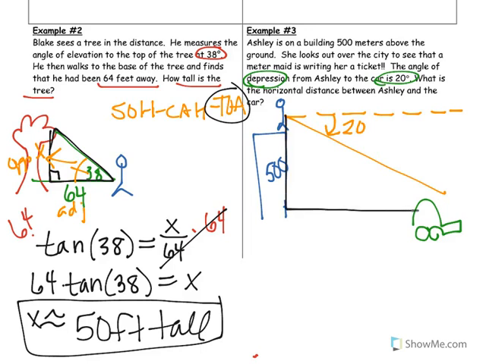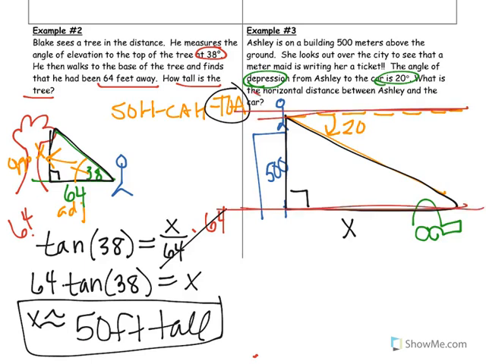So she's looking at her car, and it says the angle of depression to the car is 20 degrees. So she's looking down at the car. And remember, the angle of depression is measured from the horizontal looking down. That's 20 degrees, okay? And it says, what is the horizontal distance between Ashley and the car? So we're looking at this right triangle here, and I'm looking for the horizontal distance. And notice this angle of depression actually isn't inside my triangle. So you have two options. You can either use the fact that these are parallel, this is a transversal, and you have alternate interior angles there, so that you know this angle is 20 degrees as well.